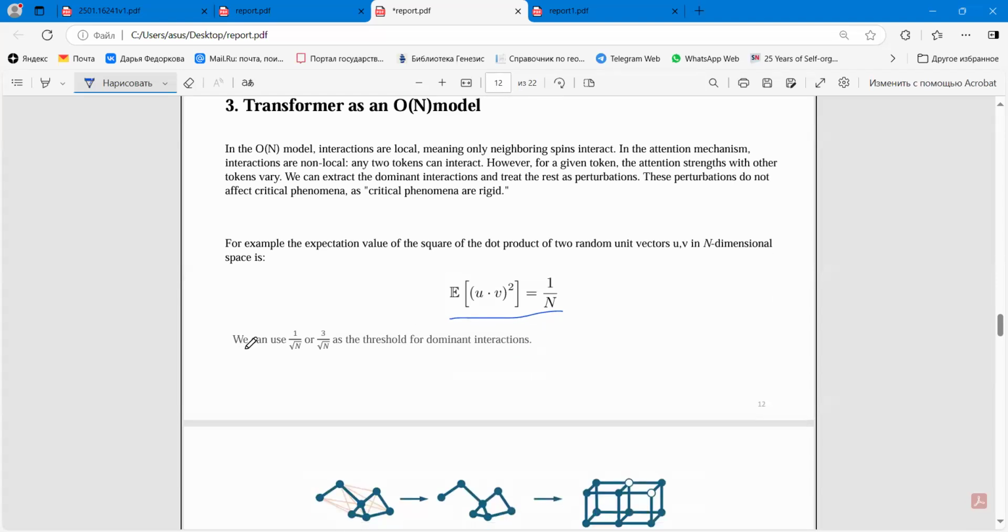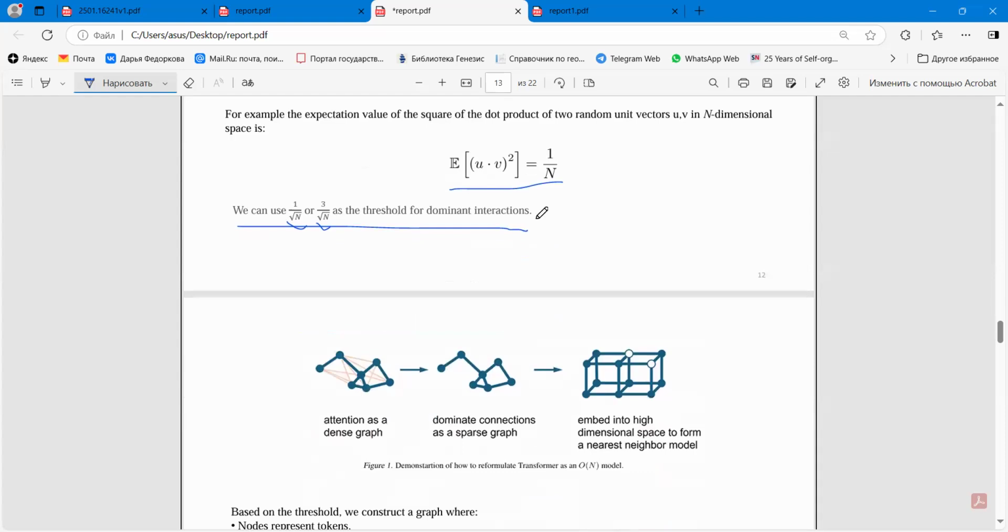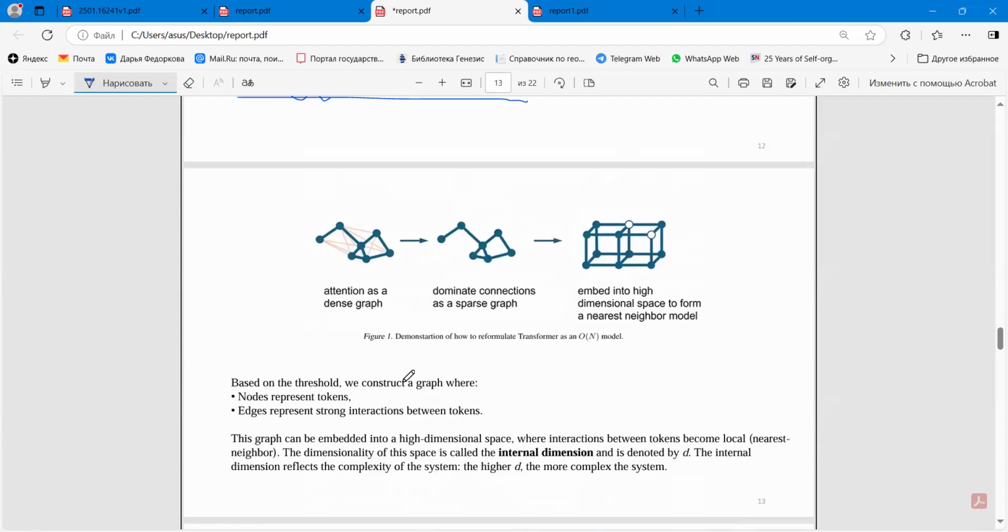But we can use such a value as the threshold for dominant interaction. So, how does it work? Based on this threshold, we construct a graph where nodes represent tokens and edges represent strong interaction between tokens.